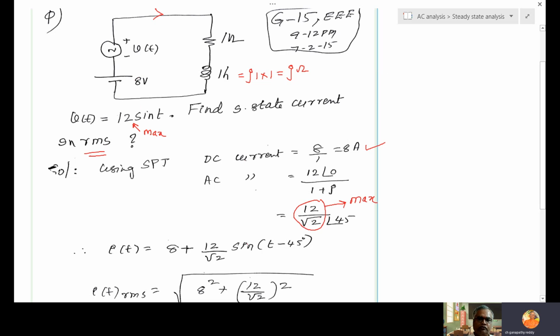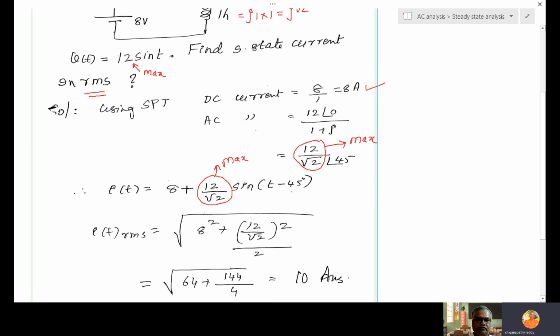And when you convert into a trigonometric function, what is needed here? Maximum only. Okay, so I am saving time. Otherwise, here 12 by root 2, then the end answer is in RMS. Again multiply with root 2, you will get the maximum. The answer is the same only. Just to save time, that is the smart work you can do.